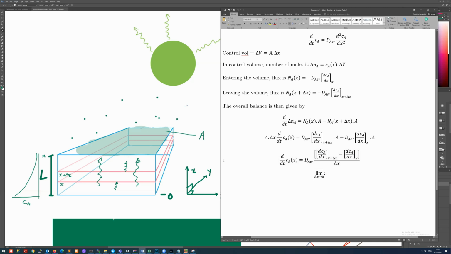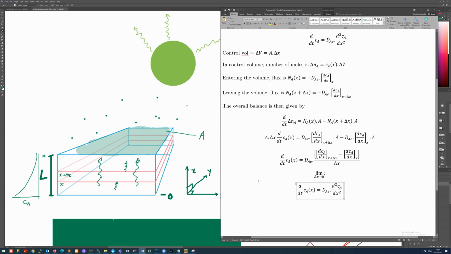So it's going to be dCA/dt is equal to D times d2CA/dx squared.